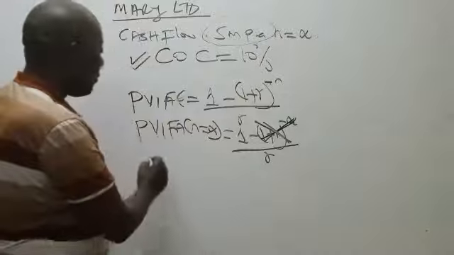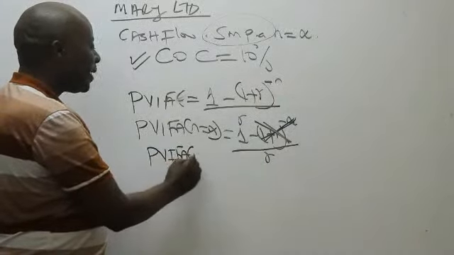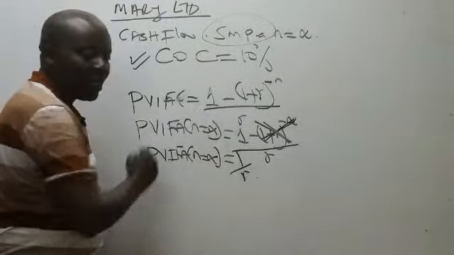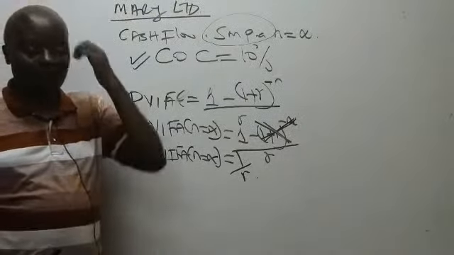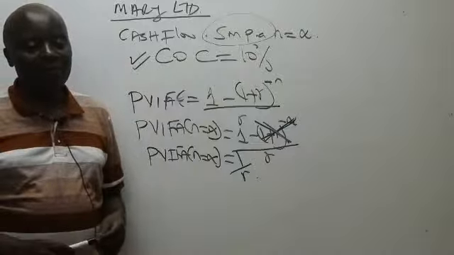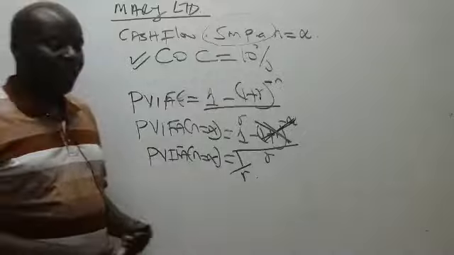Meaning that whenever N is so large, PVIFA will always be obtained by taking 1 over R. I love this. And then now, ladies and gentlemen, listen to me very well.